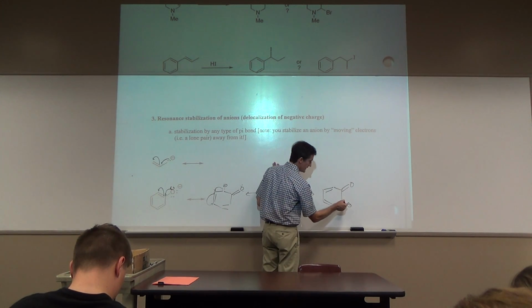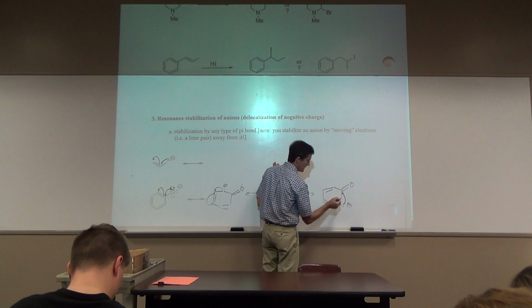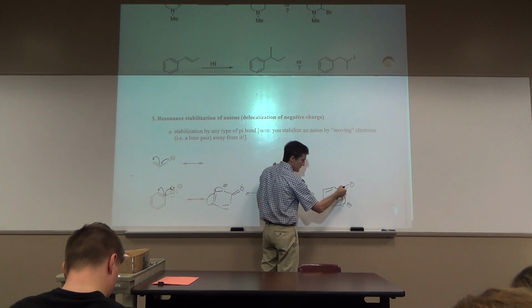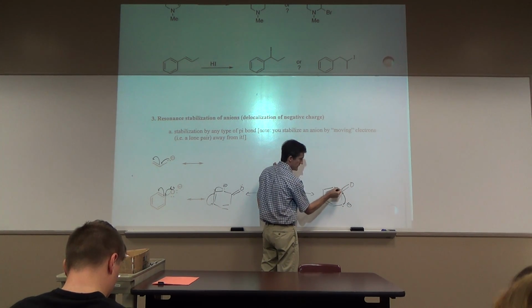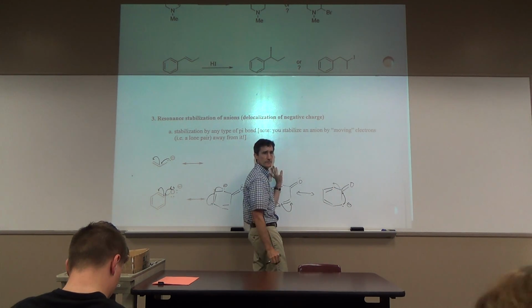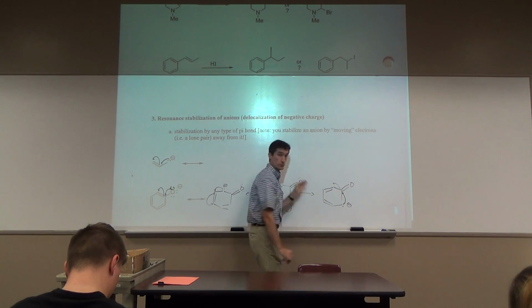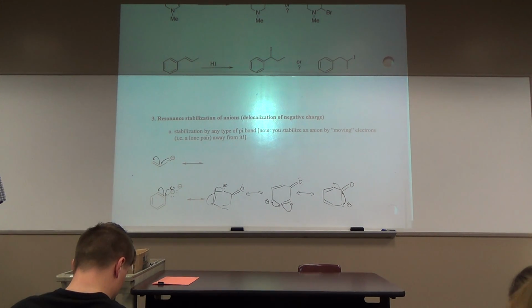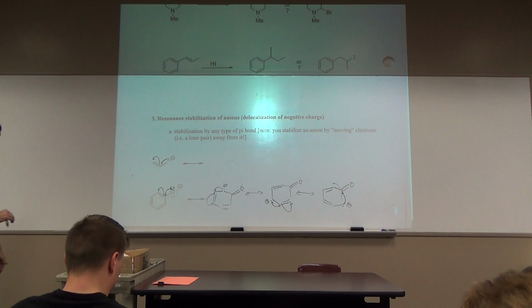What if I move these here? What do we move out? You end up with the same structure that you started. Hopefully you see you have to move the pi bond out, because you can't move sigma electrons. That's one of the golden rules. When you do resonance, you only move pi electrons.